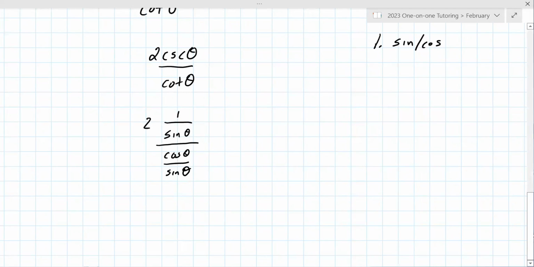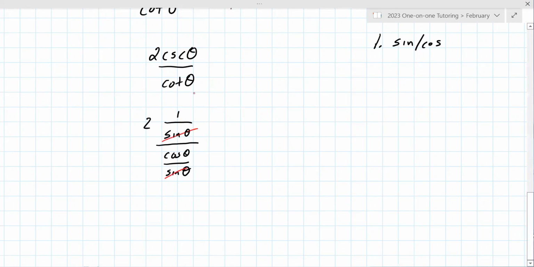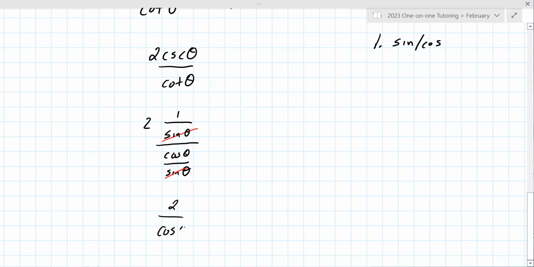What happens from here? So the sines cancel. They sure do. And depending on your comfort level, you can rewrite this as 2 over cosine theta. And remember, your goal is 2 secant theta. Is this done?